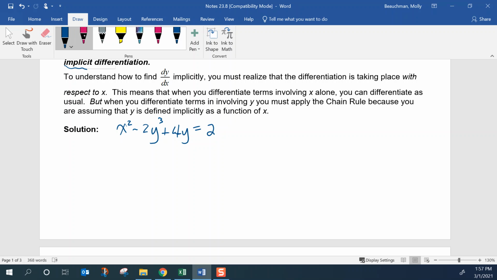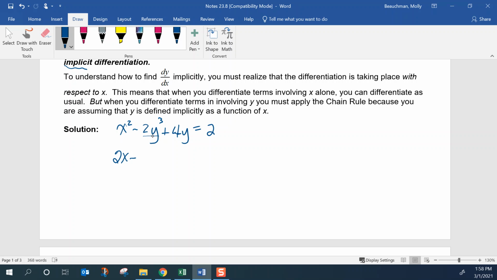We're going to take the derivative of each of these terms individually with respect to x. So with the x squared term, take the derivative as you normally would, 2x, minus, then when we take the derivative of 2y to the third, imagine that y can be written as some function of x. So think of it as the chain rule. Y itself represents a function.